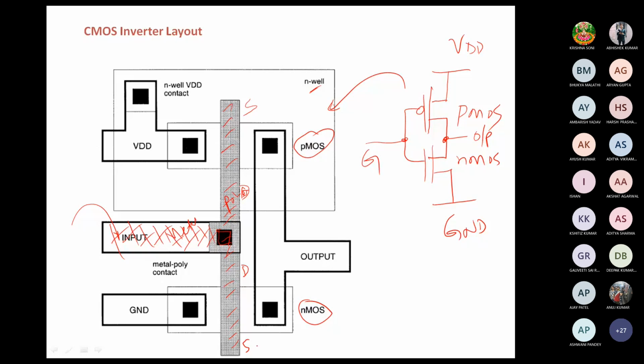Source is on this side and drain on this side, and source is here on this side and drain on this side. Okay, this is the active region. Here it is also the active region.